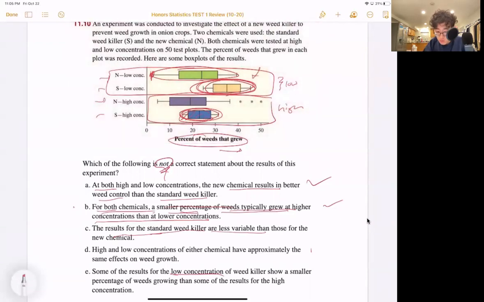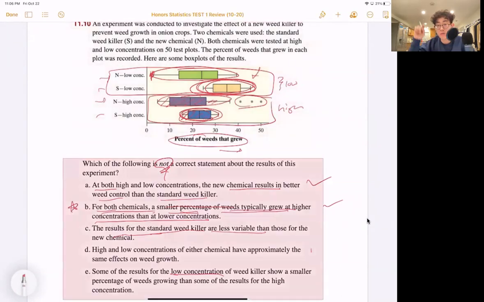And for the other one, this is the high concentration for the new chemical, and we also have a couple of outliers. A smaller percentage of weeds typically at a higher concentration than a low concentration. It's really hard to say for the other one here, so I'm going to leave myself a little star for B because it doesn't really apply for the new chemical.